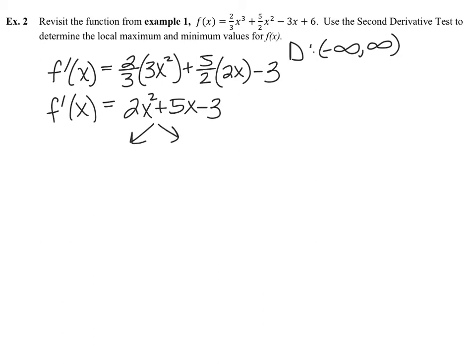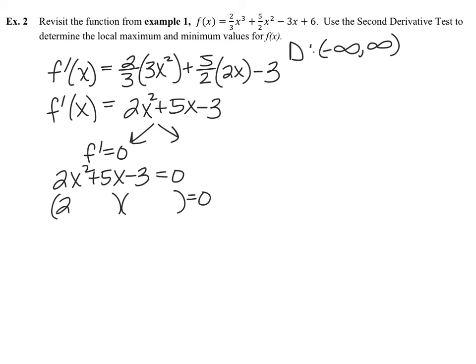So we're going to set our first derivative equal to 0, which will be 2x squared plus 5x minus 3 is equal to 0. And then we will factor this quadratic. Remember that if it didn't factor, we would use the quadratic formula. So 2x minus 1 times the quantity x plus 3 equals 0. So x equals 1/2 and -3.